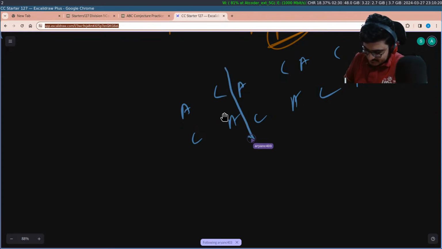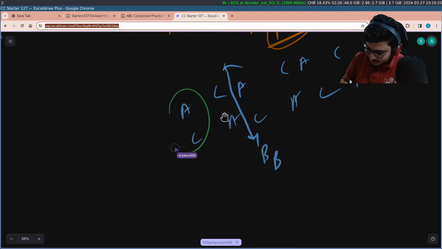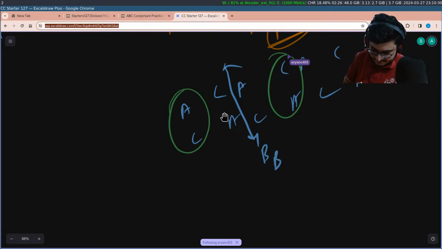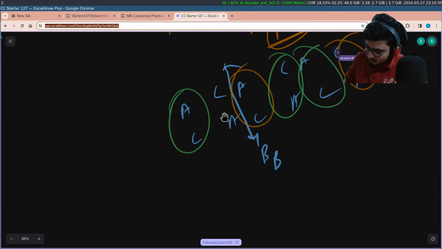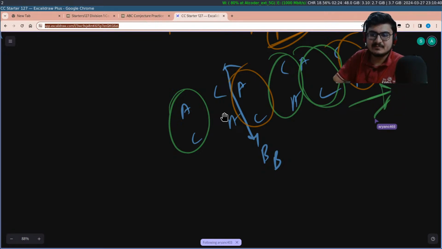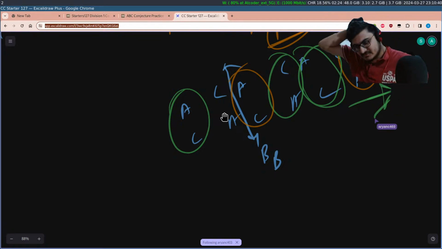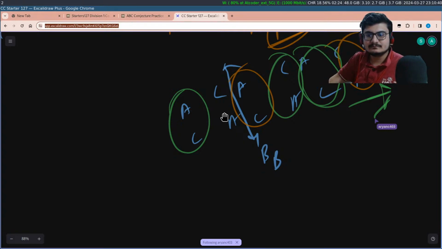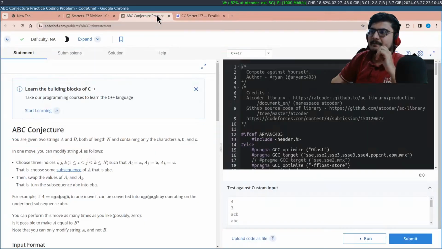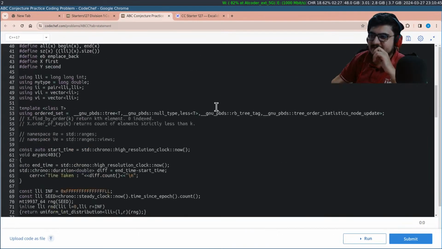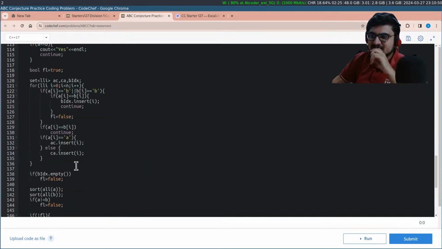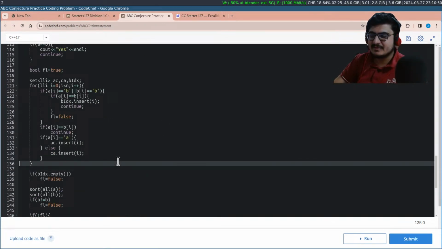So if a number exists like this, then you would be able to match this A with this CA. You would be able to match this A with this CA. But when you try to match this number, you won't find a next paired CA for it. And similarly the other case. And this was the idea. The problem, I would say, was nice, just that it took me quite a good amount of time to get in.